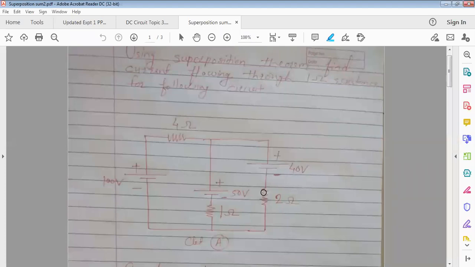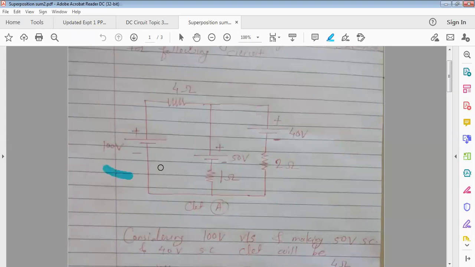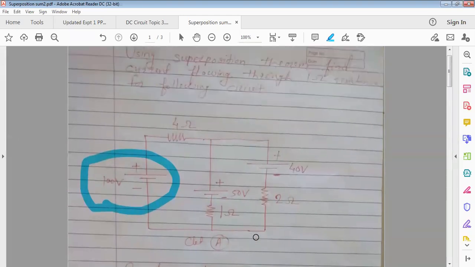Which one do you want to consider first? 100 volt. Considering the 100 volt voltage source at a time and making the rest of the sources inoperative. The rest are voltage sources, so you have to make them short or open? Short.